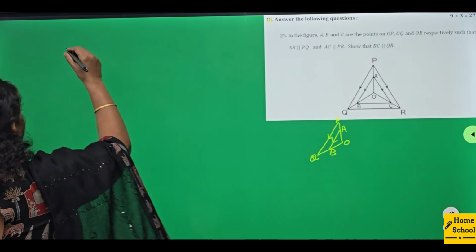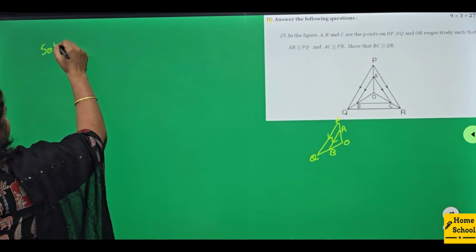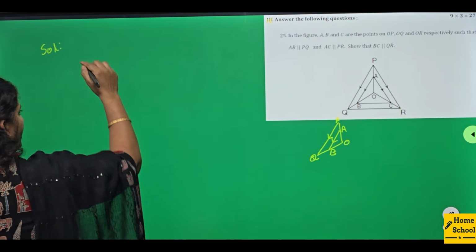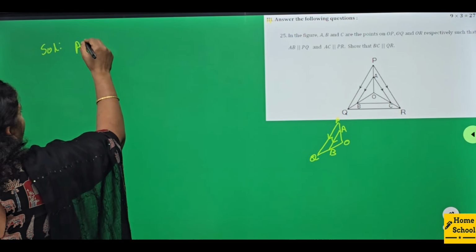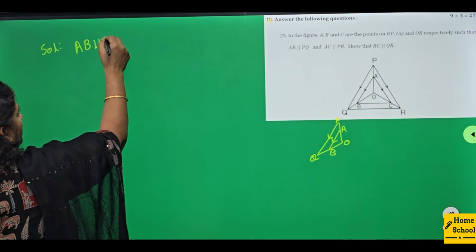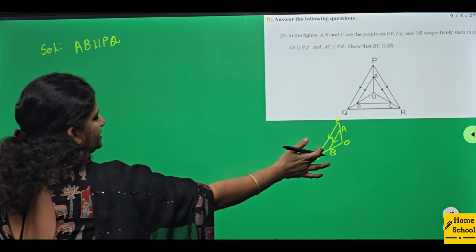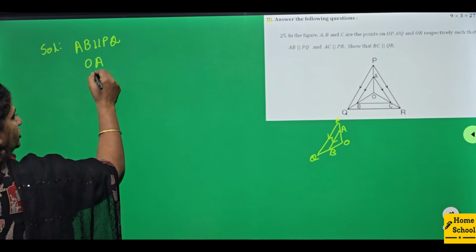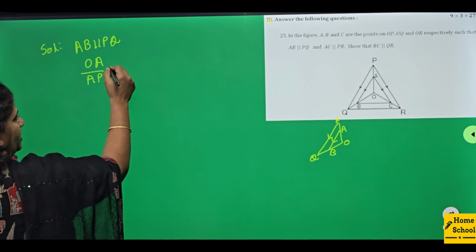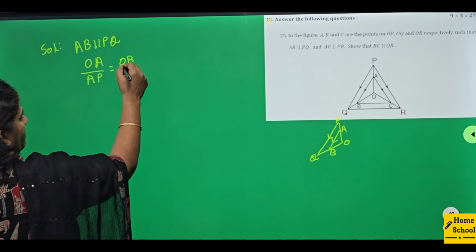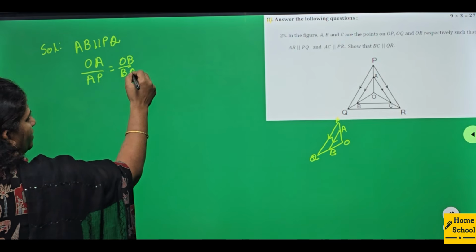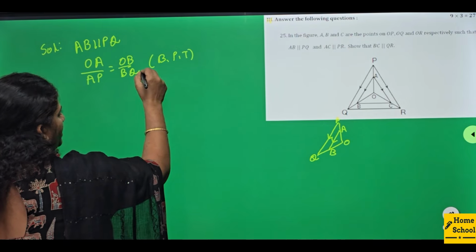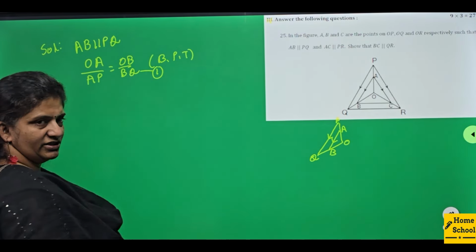So write that only. Write the steps neatly, children. I am solving here in shortcut. Given AB is parallel to PQ. What I can say? Ratios are in proportion. OA by AP is equal to OB by BQ. By basic proportionality theorem, mark this first equation.